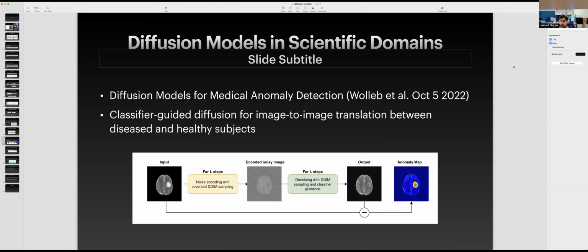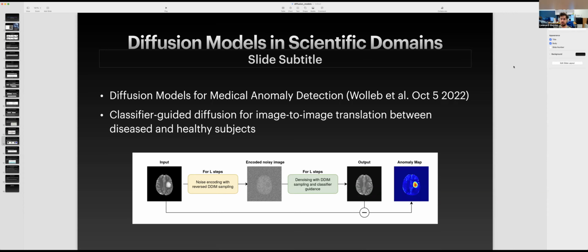So most of the diffusion models that people have seen so far have been in the space of media and creativity, but this is Crunch Group. We're more interested in the applications to scientific domains, which are definitely a lot fewer.